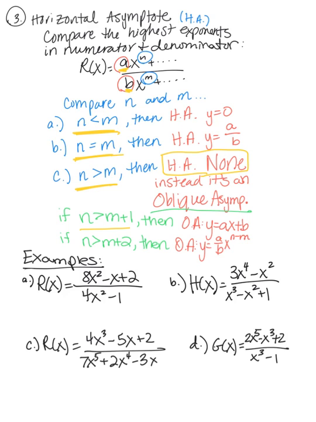If the numerator is two values bigger than the denominator, then we're going to have what we call a power function. So we're going to have that same a divided by b, still getting everything from those same leading coefficients. And then we're going to have x raised to the n minus m. So we're going to look at those and kind of see what's happening. So let's try an example here.